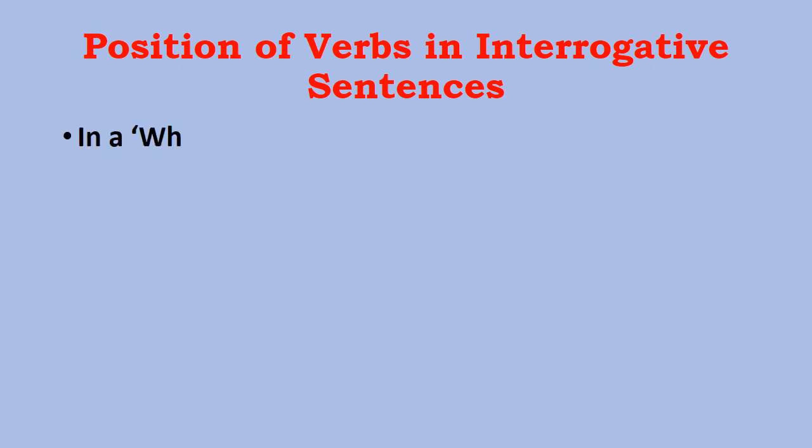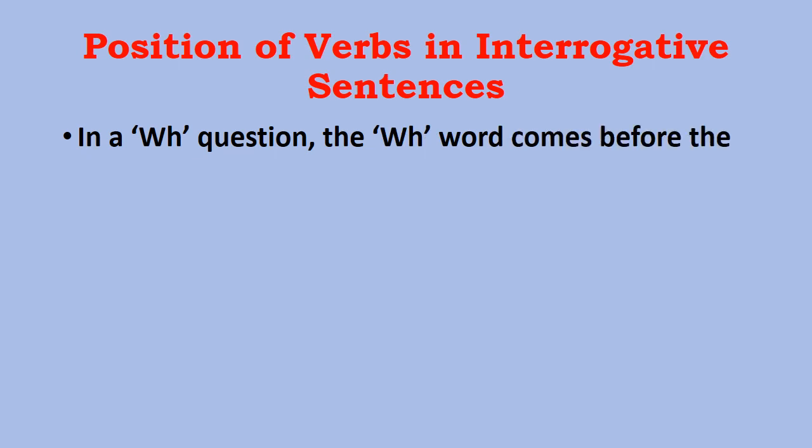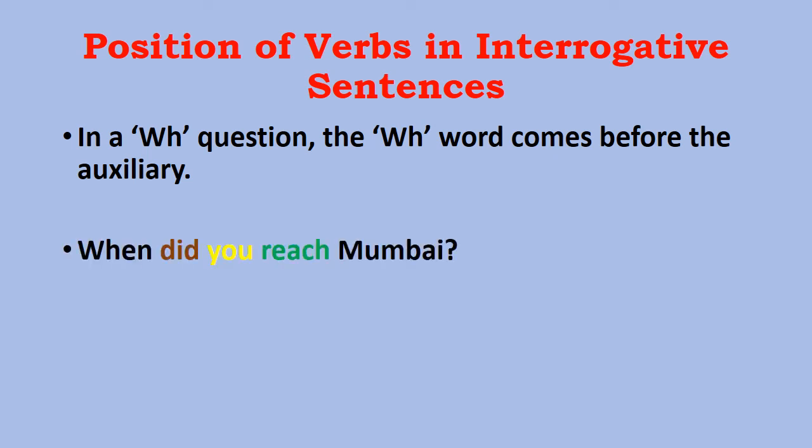In a WH question, the WH word comes before the auxiliary, that is in the beginning of the sentence. When did you reach Mumbai? See, WH word, then the auxiliary, then the subject, and then the main verb. The pattern remains the same, but instead of an auxiliary beginning the sentence, we have to begin the sentence with the WH word.